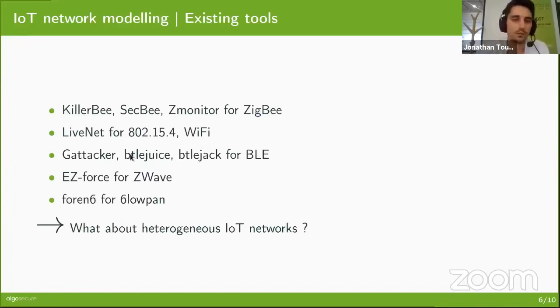We have Btlejuice for BLE communication, and so on. However, in this list of tools, each tool is specific to a unique protocol and cannot be used to analyze or play with another protocol. So what about heterogeneous IoT networks in which multiple protocols are deployed?